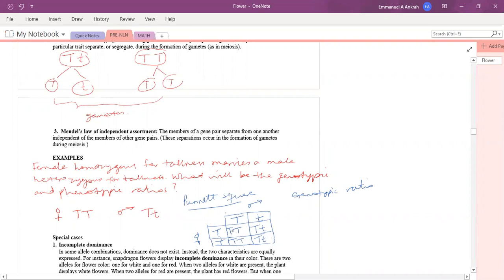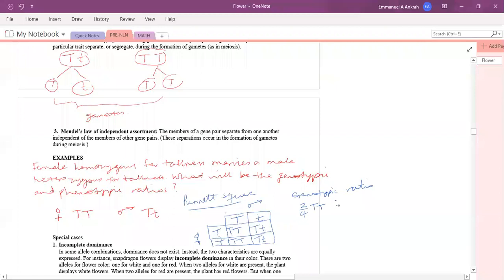Here we have two that are TT, uppercase T. So 2 out of a total of 4 possibilities, 2 out of 4. So that's a homozygous individual for tallness.